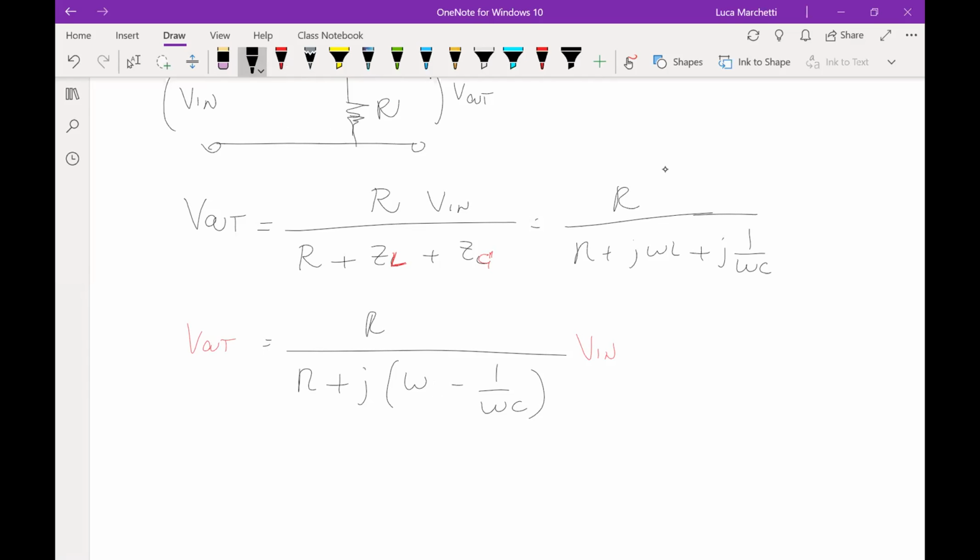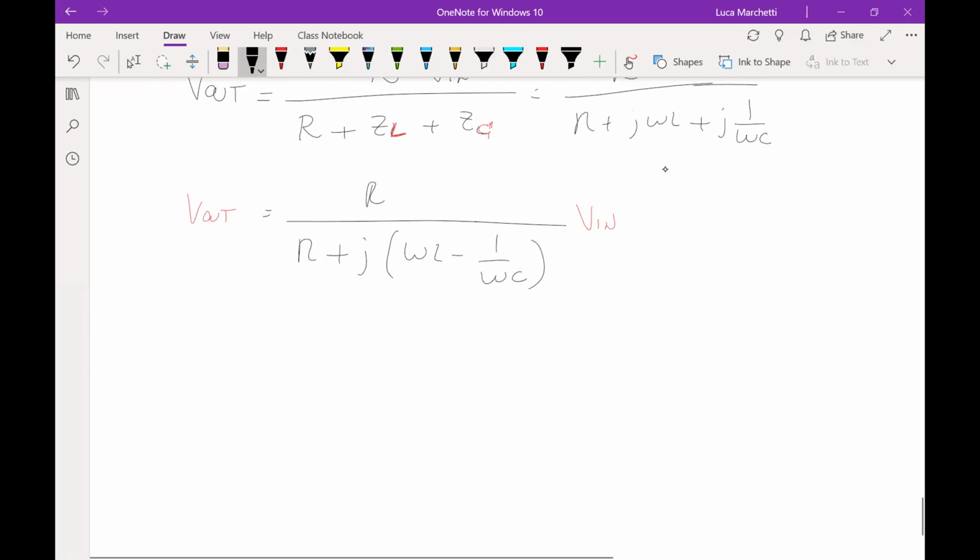The variable here is omega, and you understand that there is a particular situation in which this part cancels out. So what you can think about is whether there is any value of omega at which this difference becomes zero. That is the question. Does this become zero for any value of omega? And that's the case.